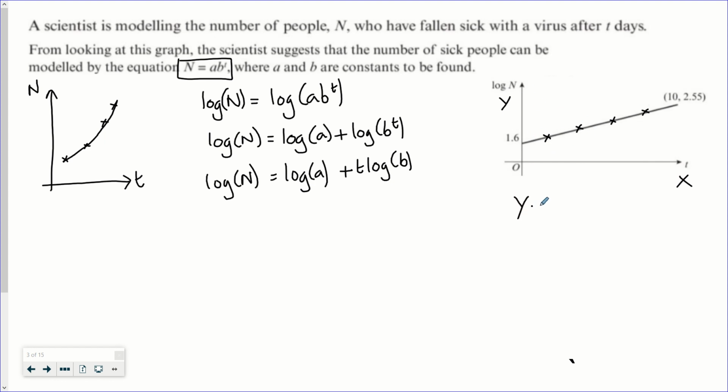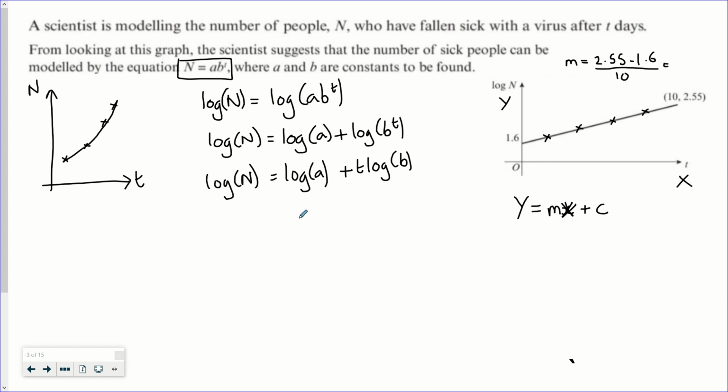Well, we know that the equation of the straight line will be y equals mx plus c. I'm going to change that to a capital X because I'm using a capital X. Well, we can work out the gradient of this line, m. The gradient is going to be the change in y, which is 2.55 minus 1.6, divided by the change in x, which is 10.